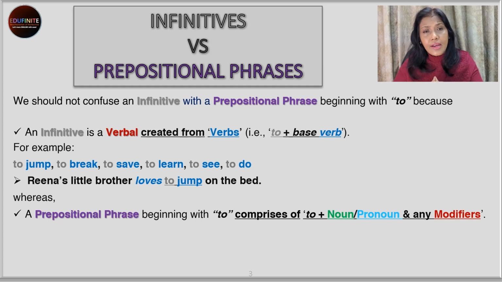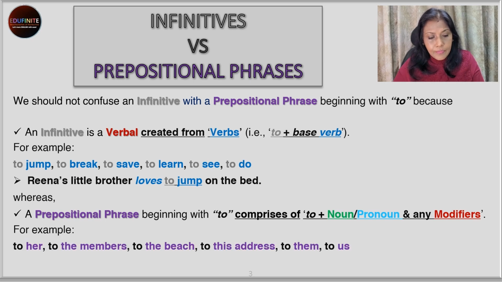The main criterion is that after to there will be a noun or a pronoun. Because, as we know, a preposition is a word which precedes a noun, prepositioned. That means it's prepositioned before a noun or a pronoun and links that noun or pronoun with the rest of the sentence. So now let's look into some examples.